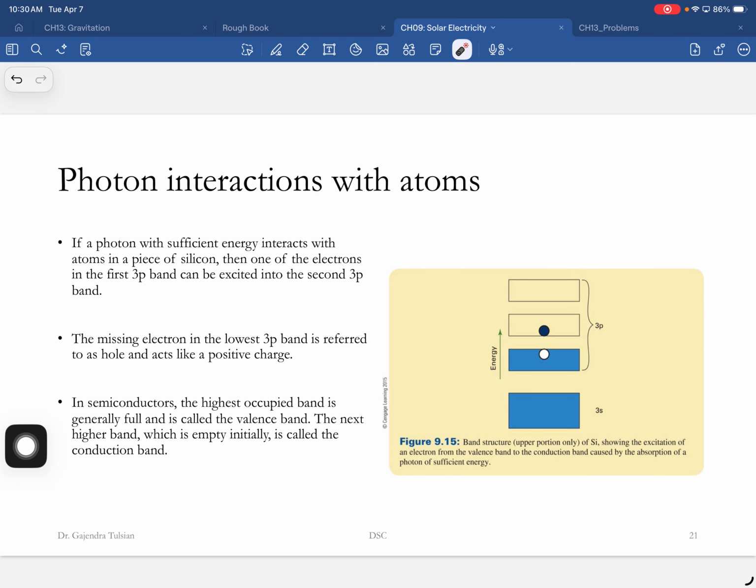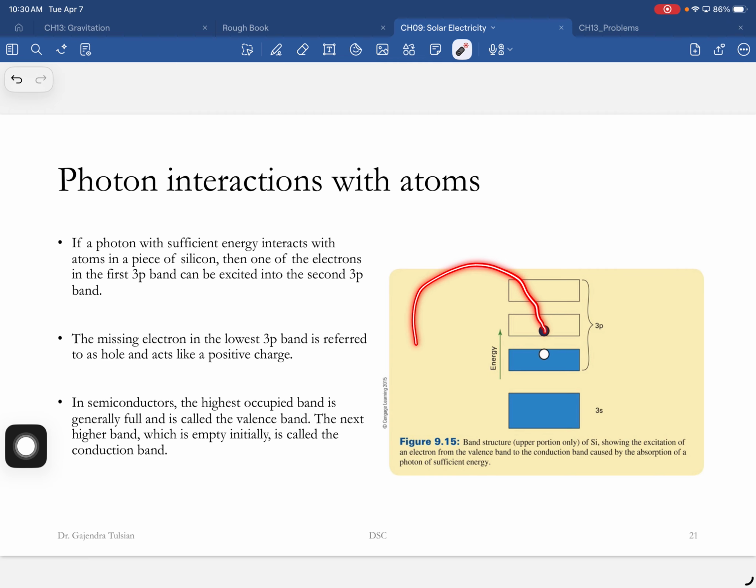So an electron can jump from a lower energy level to a high energy level by absorbing a photon. The electron goes back to an empty lower level by emitting the photon. In semiconductors, the highest occupied band is generally full and is called the valence band.